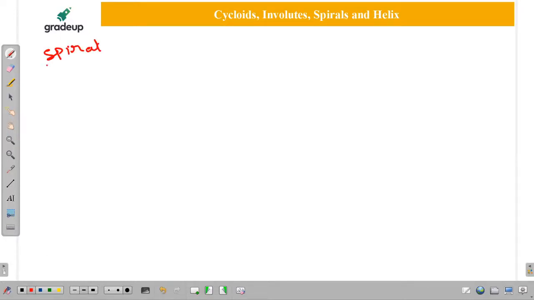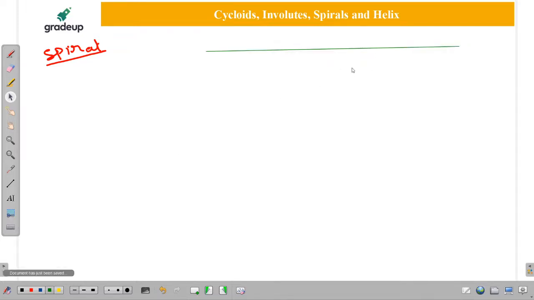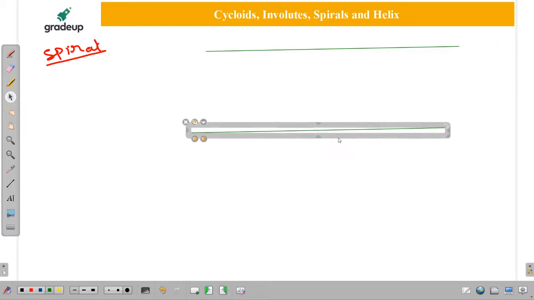For explaining this particular spiral, I will consider a straight line. Let us consider two minutes, my dear friends. In order to give more clarity, I have to show this one.